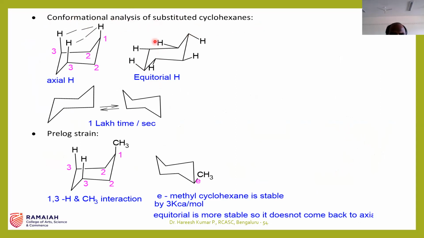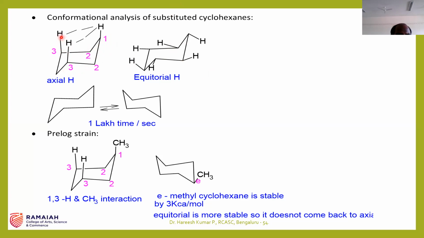Conformational analysis of substituted cyclohexane. Here I am showing a chair form of cyclohexane, and this is the first carbon atom, this is the second carbon atom, and this is the third carbon atom. Whatever hydrogen is shown here is called an axial hydrogen.